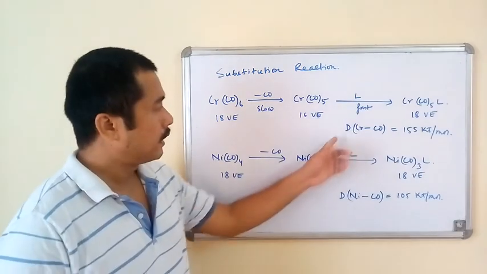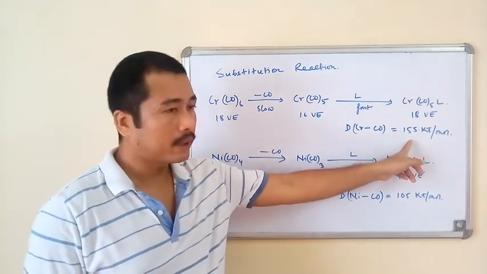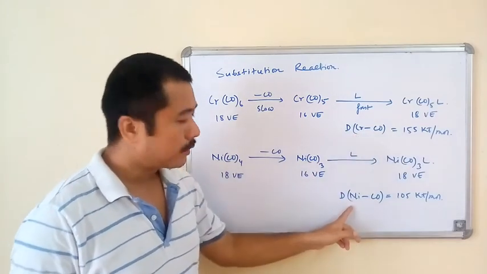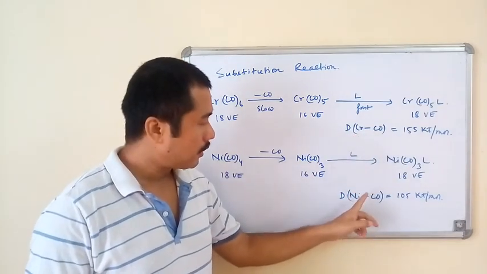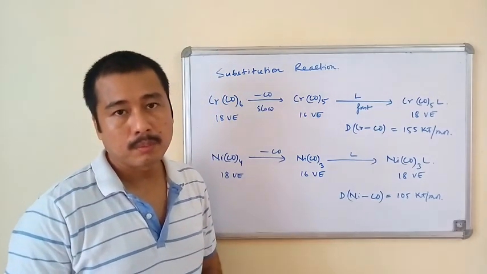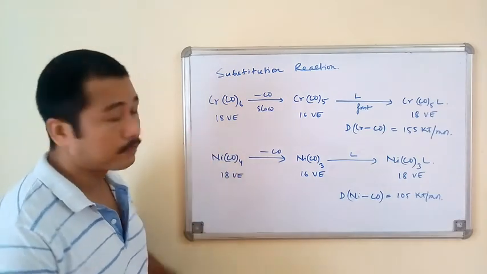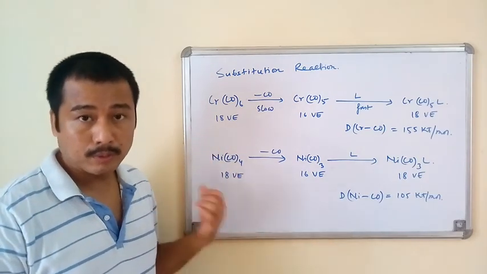So what you see in the case of the chromium complex, the bond dissociation energy is much higher as compared to the nickel carbonyl bond dissociation energy, which is 105 kilojoule per mole, and the nickel complex undergoes substitution faster as we have already stated.